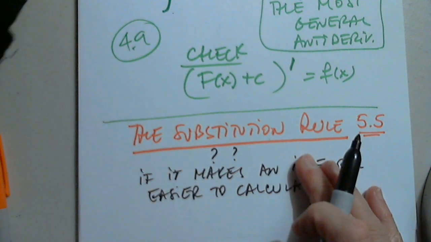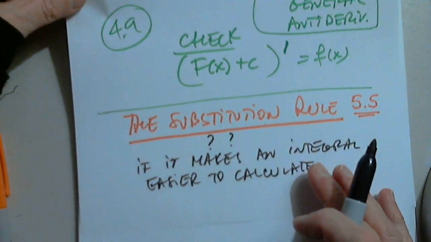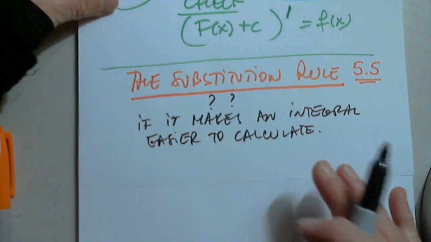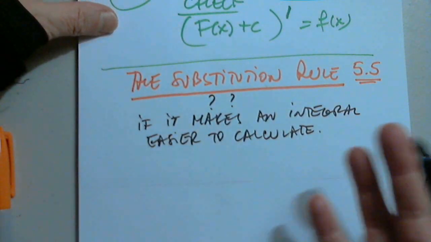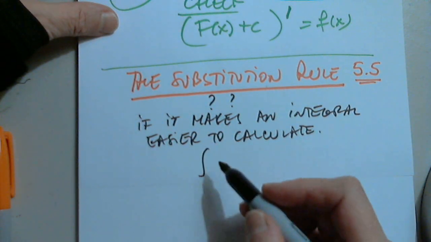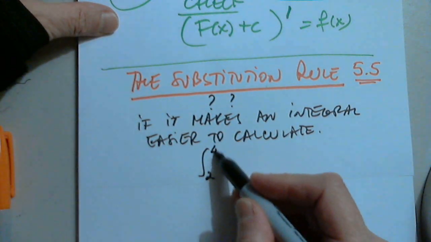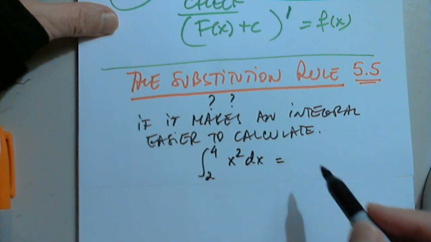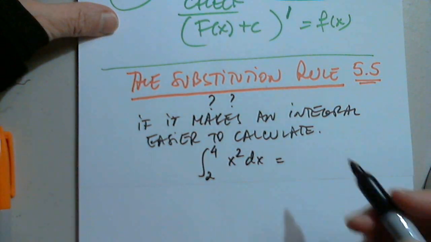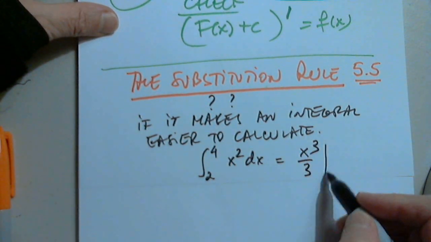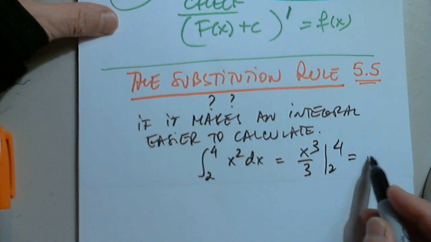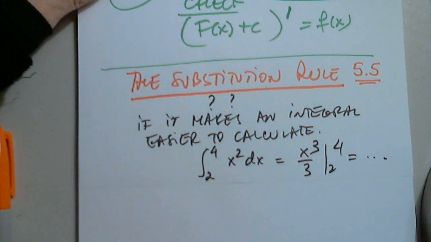There are many techniques of integration. What is the technique of integration that we use so far? Straightforward. For example, the integral from 2 to 4 of x squared dx. We just found the antiderivative, x to the third over 3 from 2 to 4, and we plugged it in. This is direct. From x squared, I was able to find the antiderivative and then calculate.